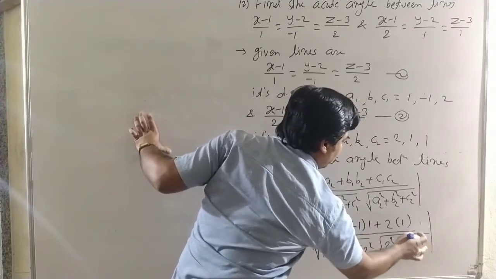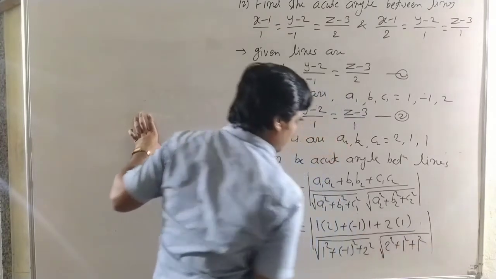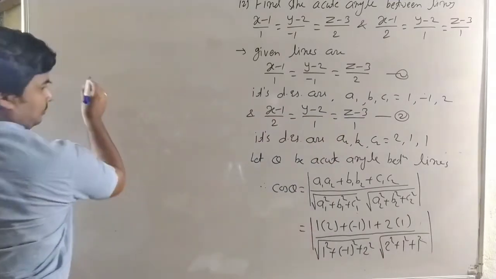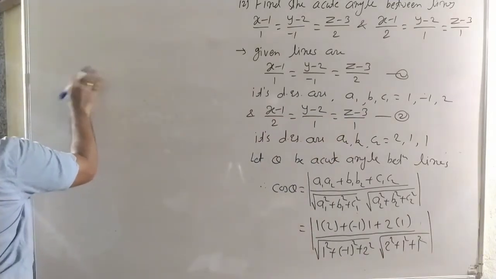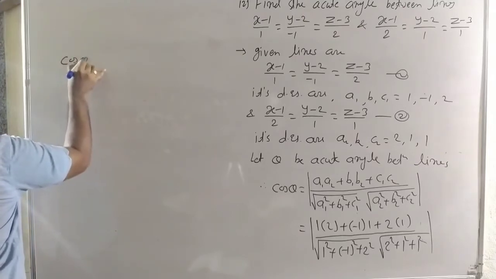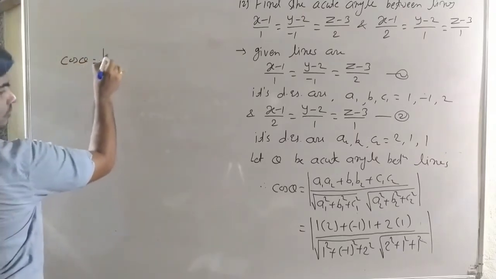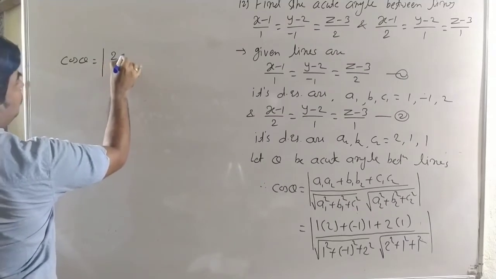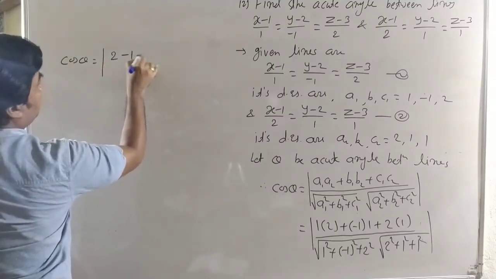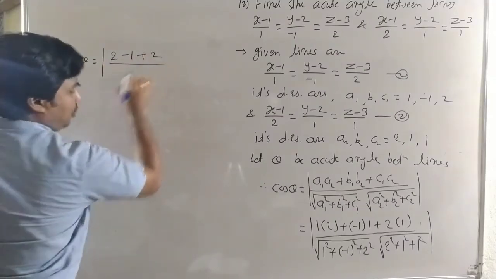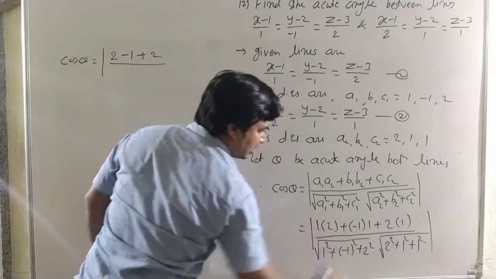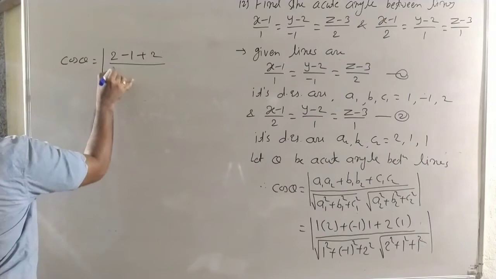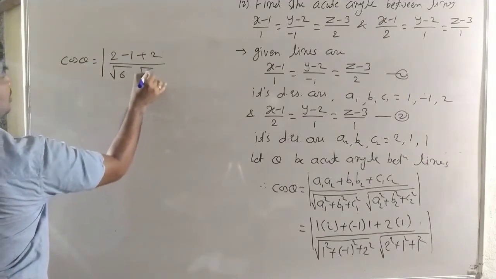We only put in the values of a1, b1, c1 and a2, b2, c2. Now cos theta is equal to 2 minus 1 plus 2 upon, here 1 plus 1 plus 4, it is under root 6, and that is also under root 6. Under root 6 into under root 6.